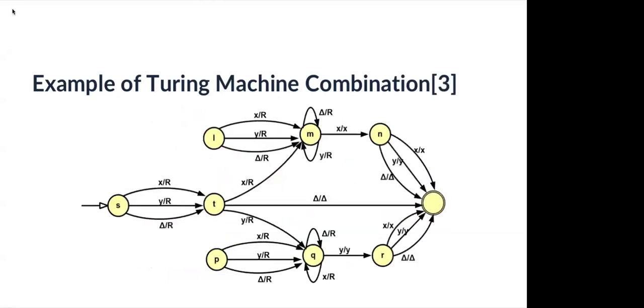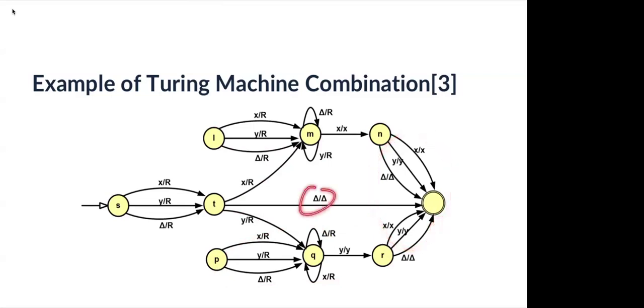And for the combination here, from the first machine, if the current symbol is X, we will go to the second machine. If the current symbol is Y, we will go to the third machine, for example, and we do nothing to go to the halting state.